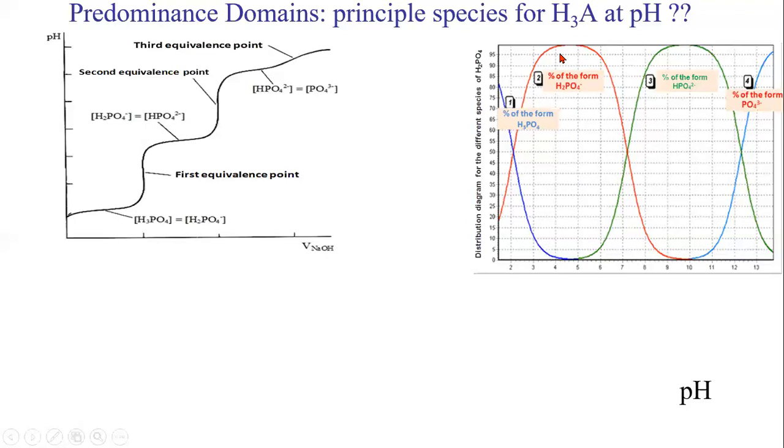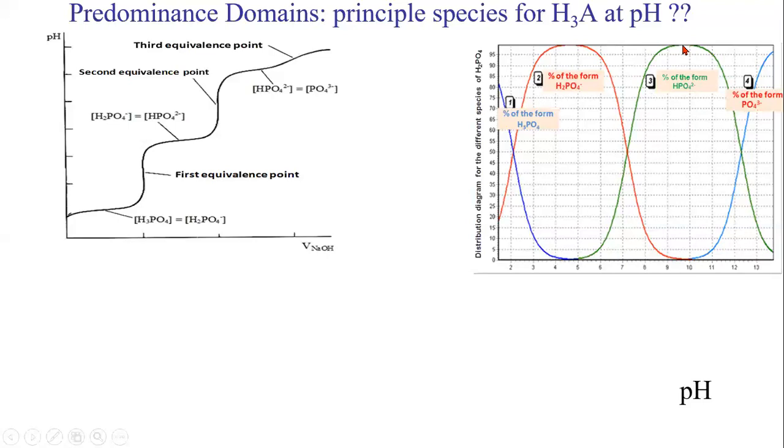Now my H2PO4 minus, also in red, starts to decrease as my HPO4 2 minus in green increases. At some point they become equal to each other at pKa2, and then after that, I get more HPO4 2 minus than H2PO4 minus, and then at equivalence, I have no more H2PO4 minus left, at least not much, and all of it gets converted to HPO4 2 minus.